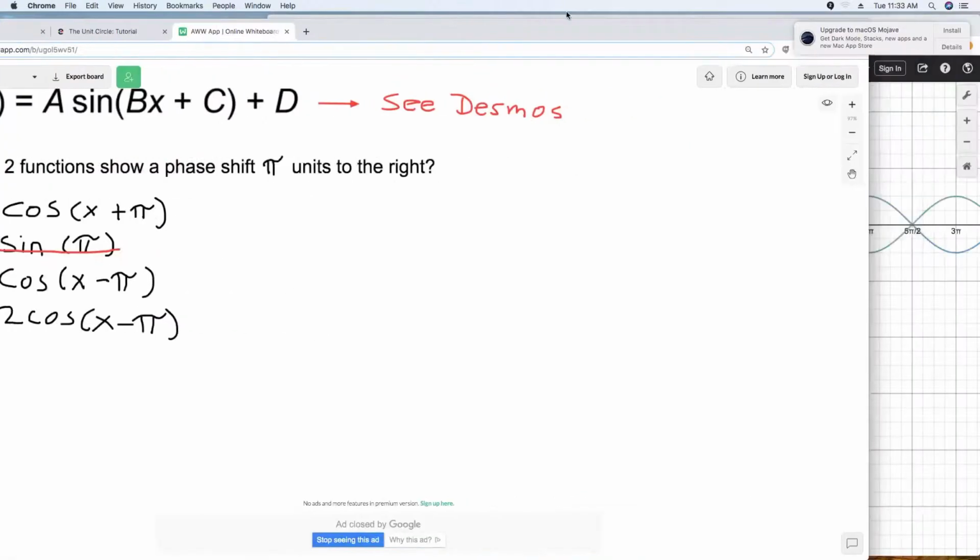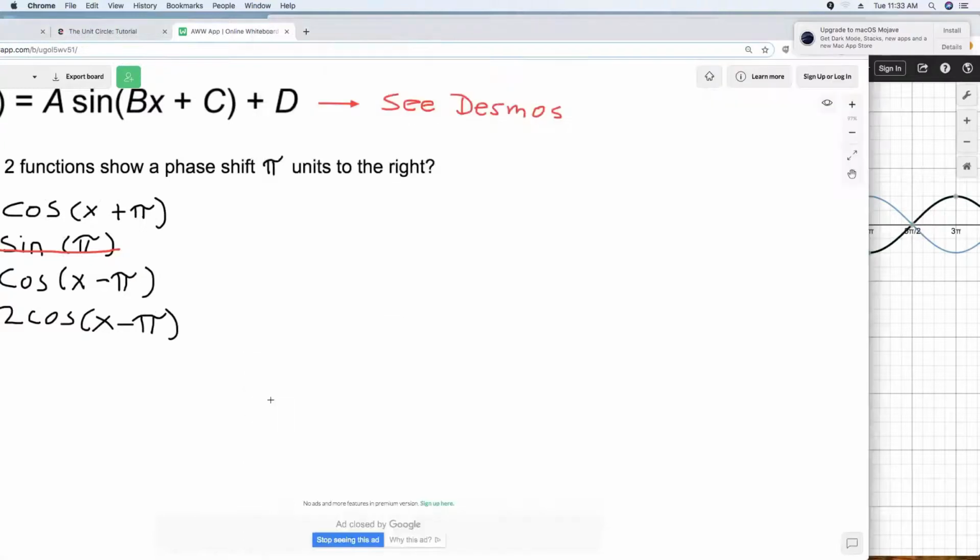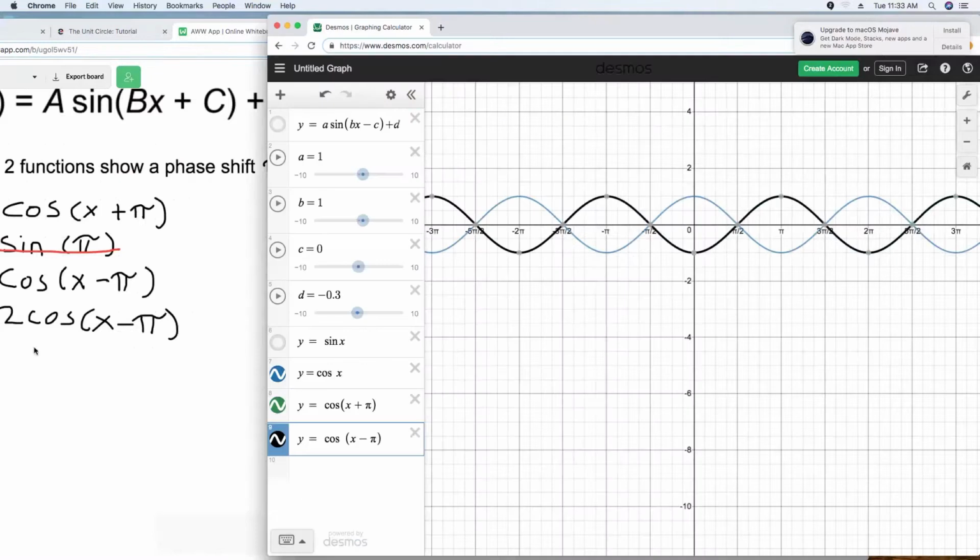Now I have cosine of x minus pi. Okay. And the interesting thing is that this one matches the one that I had at the beginning, the plus pi and minus pi. Okay, so that's a maybe. And then the last one is 2 cosine parentheses x minus pi.